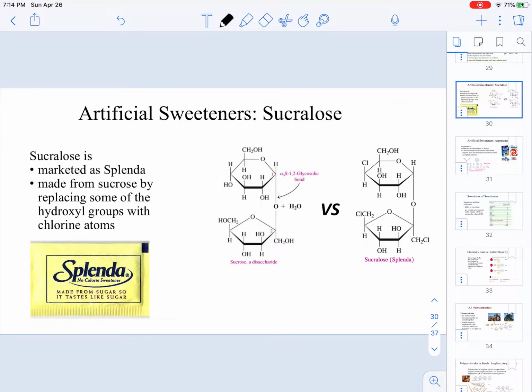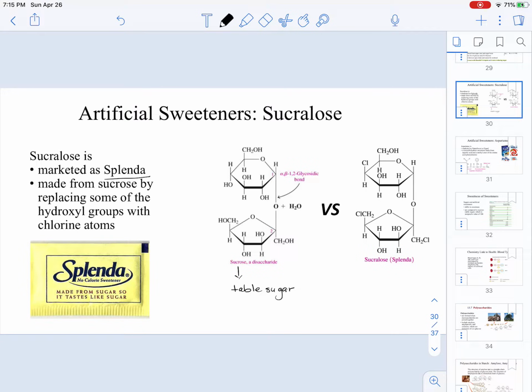So when it comes to artificial sweeteners, the first one that I want to talk about is sucralose. And sucralose, which is marketed as Splenda, at first, when it was inspired on its structure, was derived from the molecule of table sugar. So table sugar is the molecule that we have on the left.